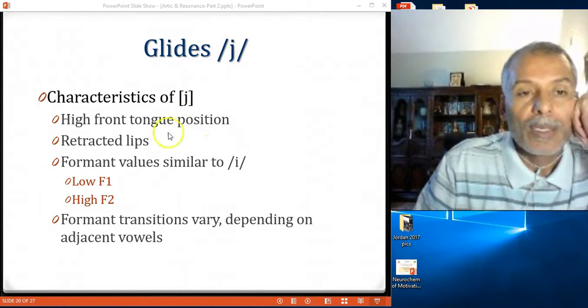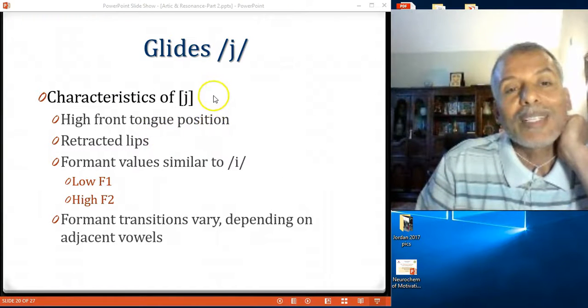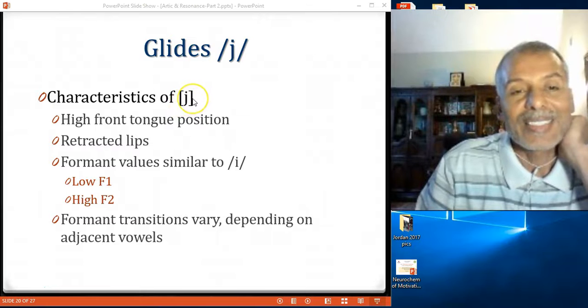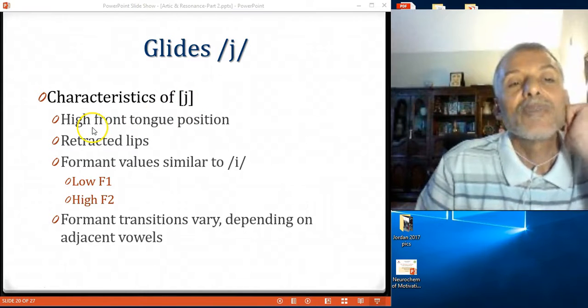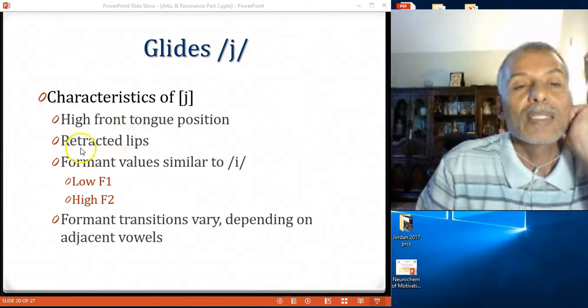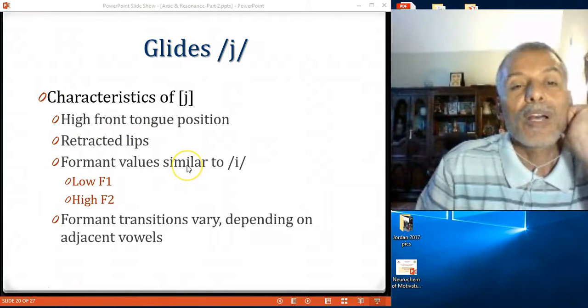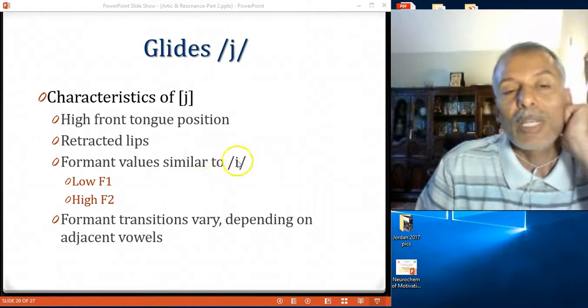The y, when you make it, you basically go "ee" and then "ee," as in "yes." So it begins with the "ee," and for this reason it has a high front tongue position, and the lips are retracted just like the "ee," and the formant values are very, very similar to the "ee."